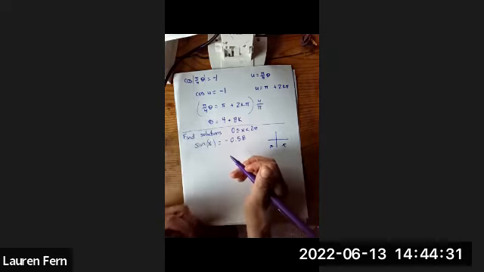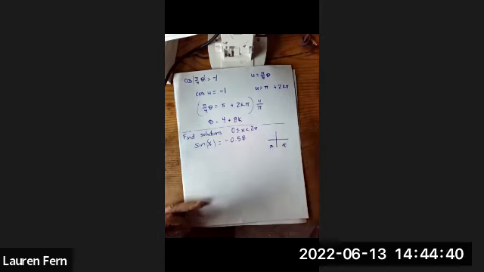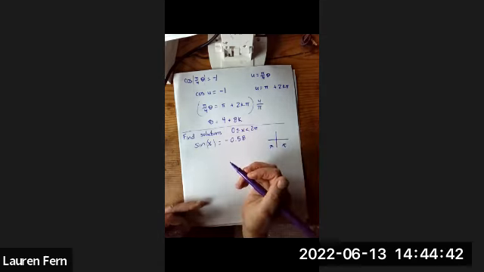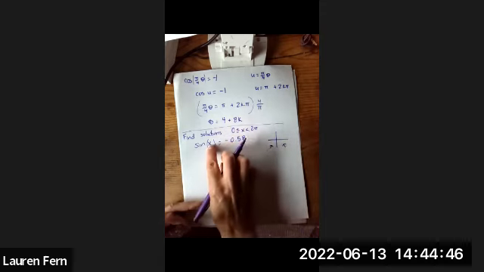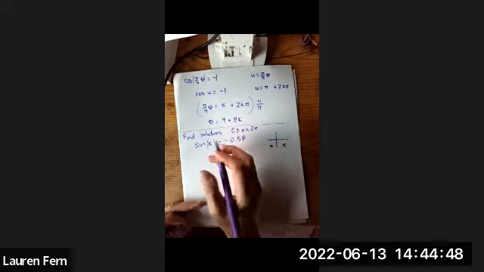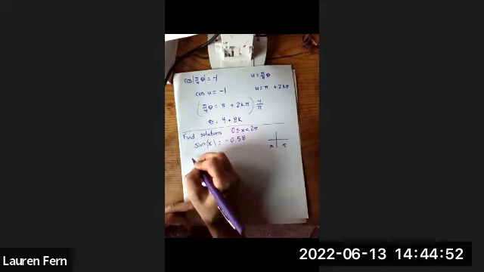Okay. So before we can find our third and fourth quadrant angles, what we need to do is find our first quadrant angle. So how do we find what value gives us negative 0.58? Well, we can think about taking the inverse sine of both sides.